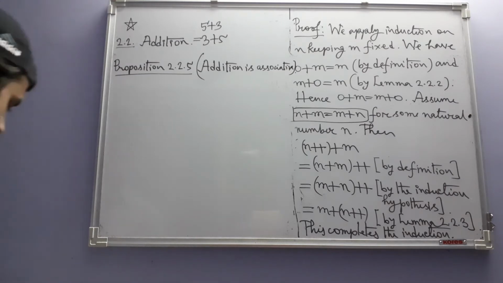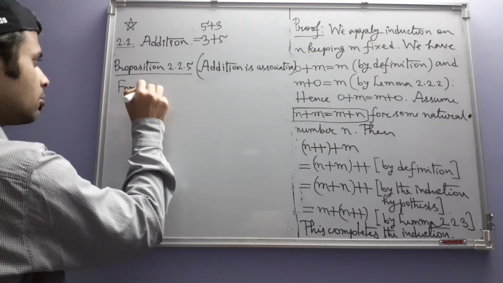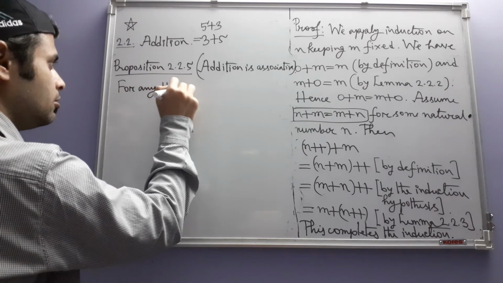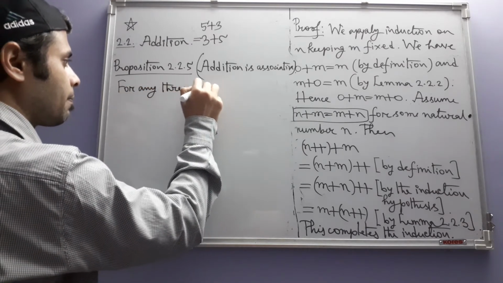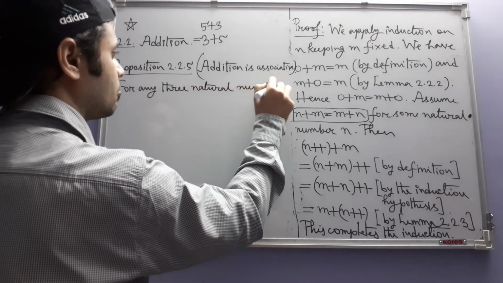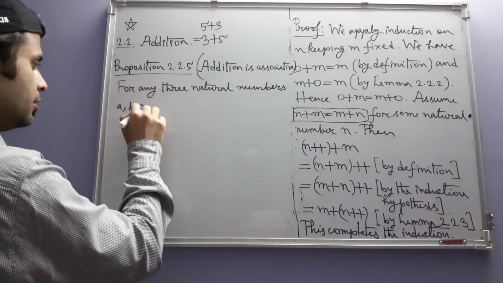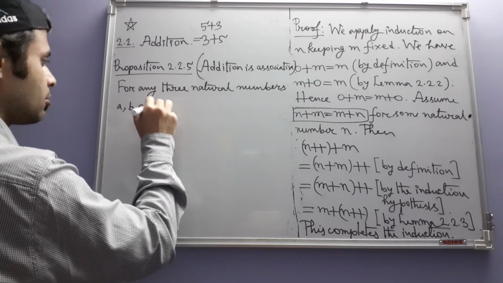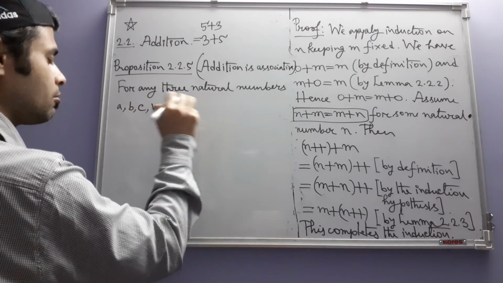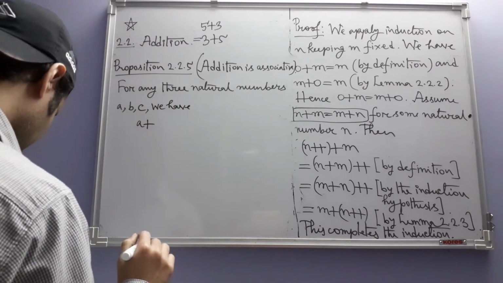Addition is associative for any three natural numbers a, b and c. We have (a + b) + c = a + (b + c).